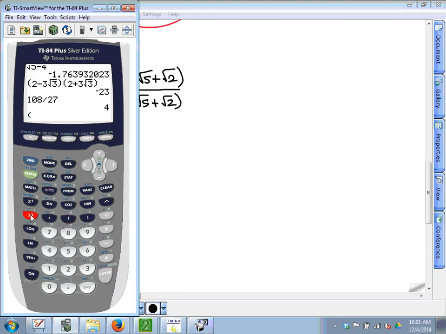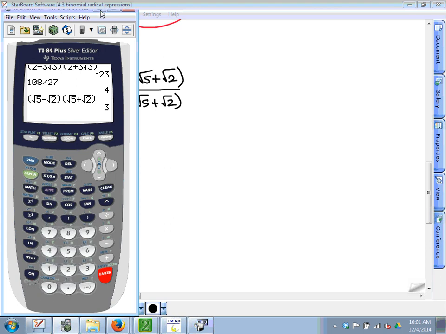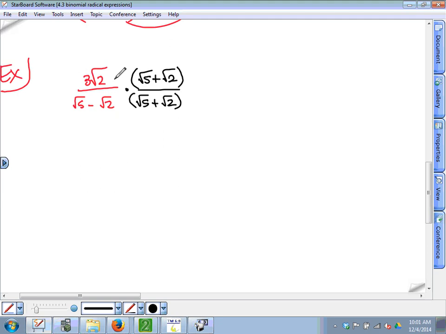You can type in a square root of 5 minus a square root of 2 in one parenthesis, and then in another parenthesis you can type in a square root of 5 plus a square root of 2. And would you look at that? Your calculator can do conjugate pairs. It wouldn't be any help to you at all to try to simplify this in the numerator on your calculator. This you're going to want to do by hand.